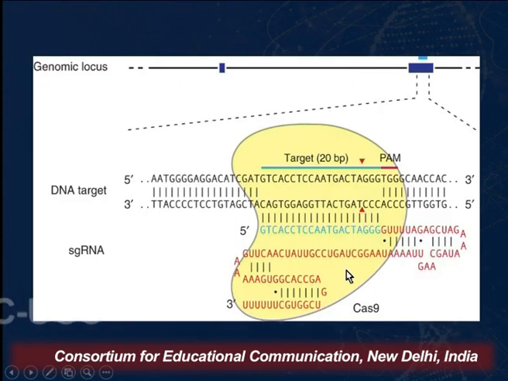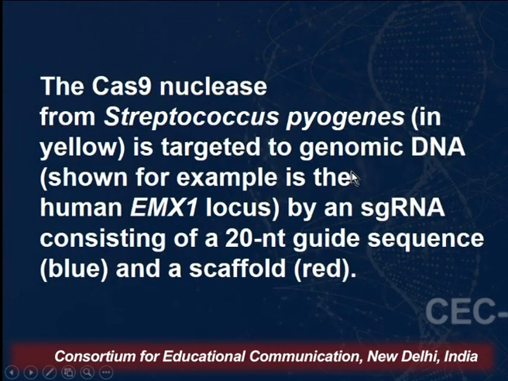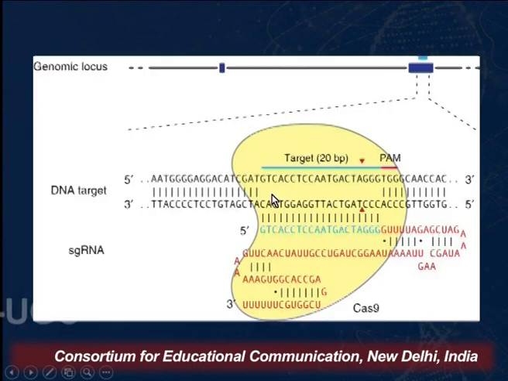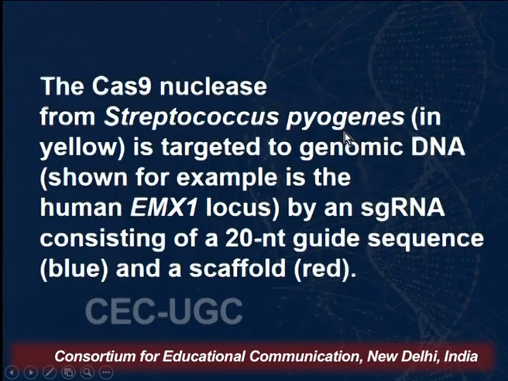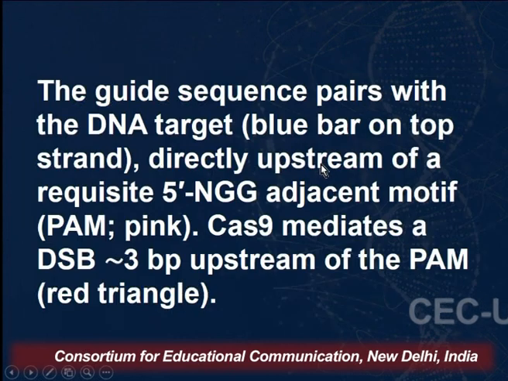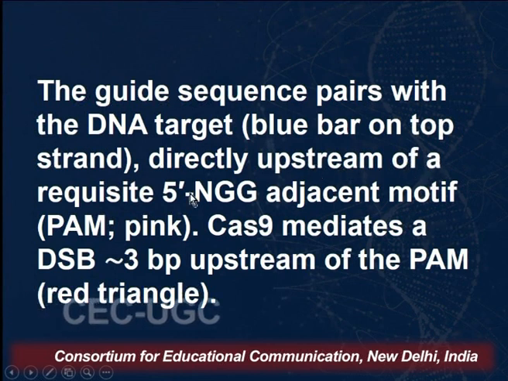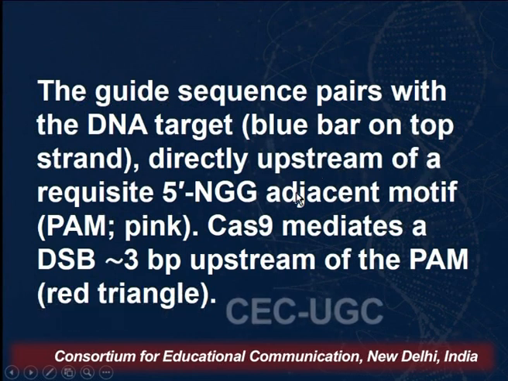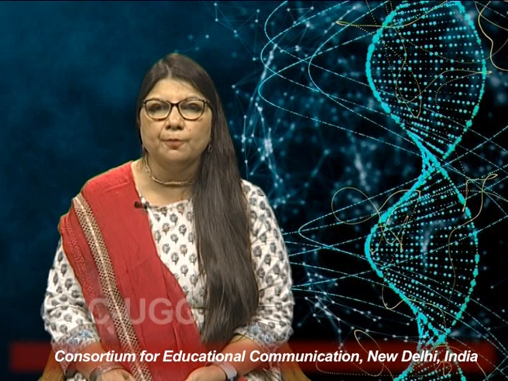So this is the scaffold, this is the guide sequence, this is the sgRNA, and this Cas9 nuclease is targeted to this particular genomic DNA as shown in the figure. The guide sequence pairs with the DNA target directly upstream of a requisite 5' NGG adjacent motif, which is termed as PAM motif. Cas9 mediates a double-stranded break approximately 3 base pairs upstream of the PAM region.